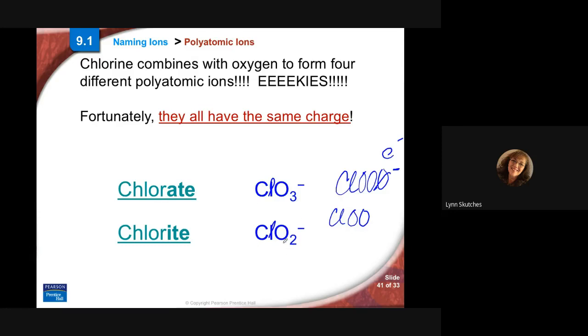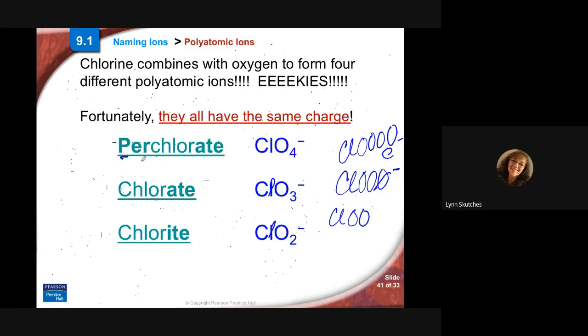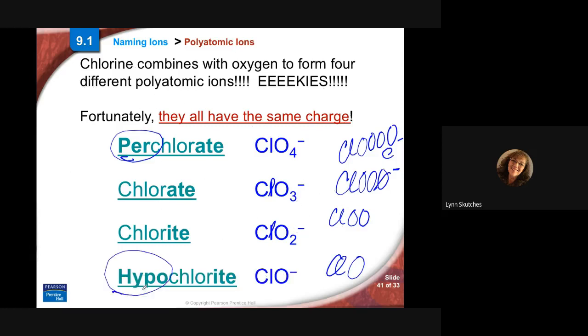Now, here's the wackadoodle thing. There can be chlorine with 4 oxygens. What the heck? Well, I can't call it chlorate because that's already taken. So then we have to add on a prefix. And per is added on. So it's perchlorate. It's chlorate with 1 more. And just to make it extra annoying, there's actually chlorine with 1 oxygen. Chlorite is already taken, so we have to add a different prefix, hypo.